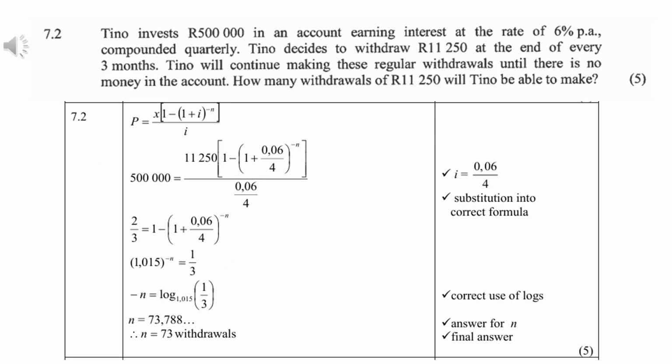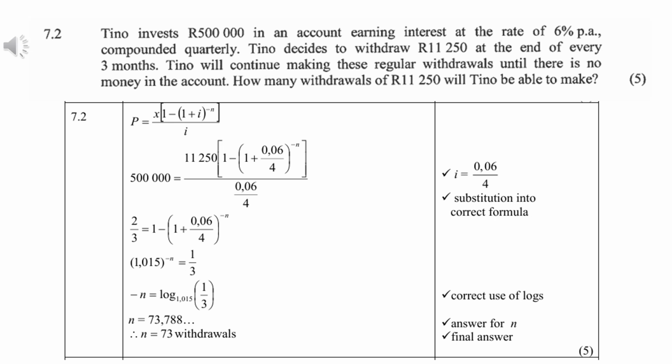Right, Tino invests 500,000 Rand in an account earning interest at the rate of 6% per annum, compounded quarterly. Tino decides to withdraw 11,250 at the end of every 3 months, and will continue until there is no money in the account.